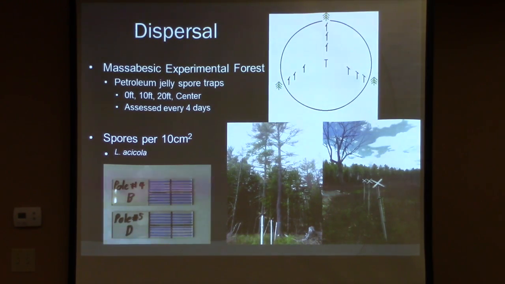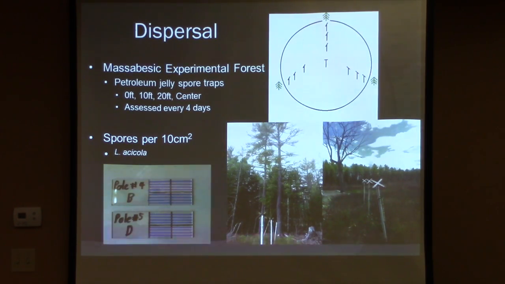Each of these has 4 microscope slides, which are here. These slides are sectioned off for a 10 centimeter square area. Each pole has 4 slides, and the first pole is located at 0 feet from the furthest reach of the branch of 3 previously tagged infected trees. These trees have been tagged since 2012, so we know that they're infected with Lecanosticta acicola.